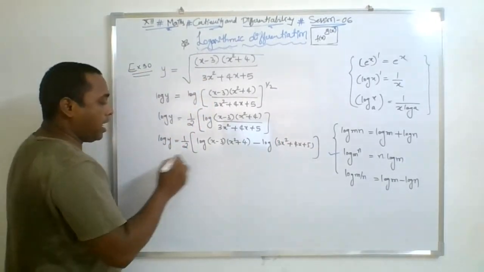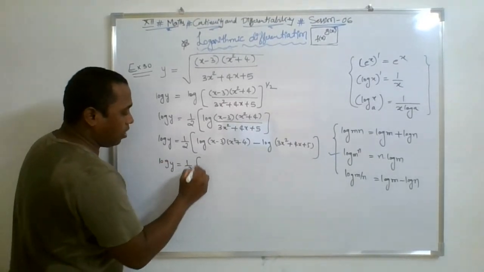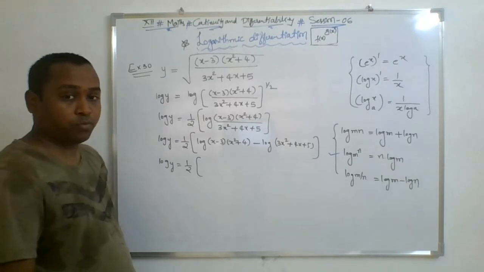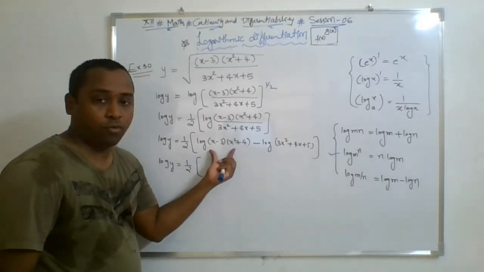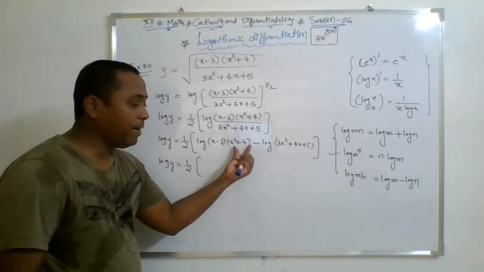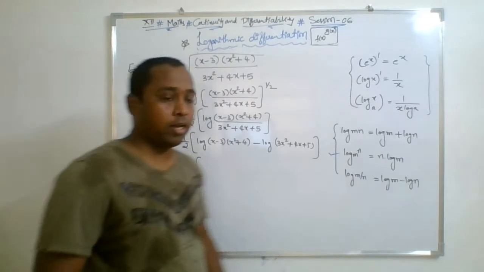That's it. And then if you look into the next part, again you are able to split it into the simplest form, because we have the product of two functions in the form of log(m·n), which will be written as log m plus log n.